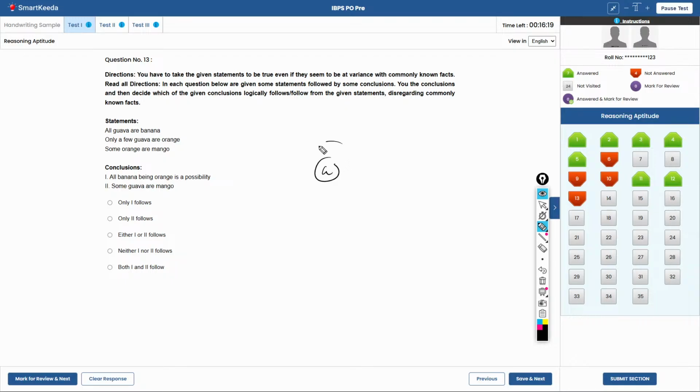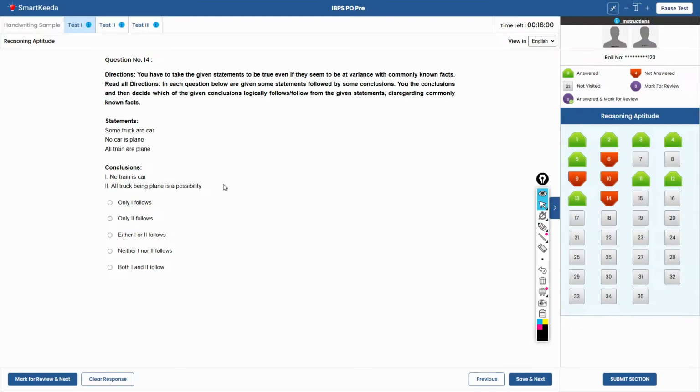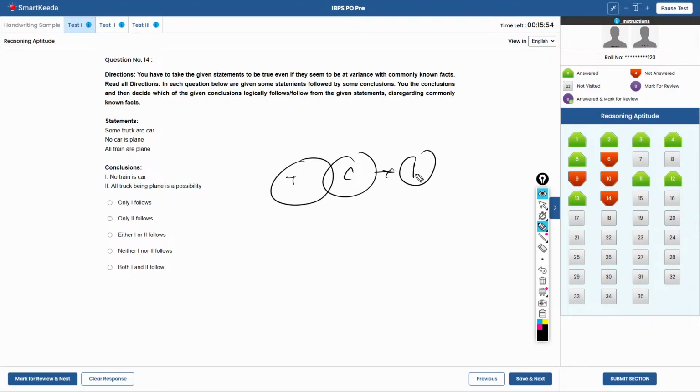All guava are banana, only a few guava are orange, some orange are mango. All banana being orange is not a possibility. Some guava are mango, no, so neither. Some truck are car, no car is plane, all train are plane. No train is car.